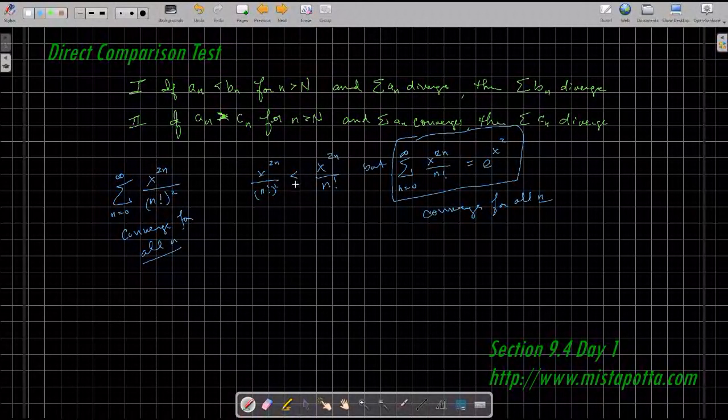And as long as we are less than a known sequence, and we've dealt with 4 so far that work, if I can prove that each term of my series is less than another term in a convergent series, and that convergent series converges, then my series has to converge.